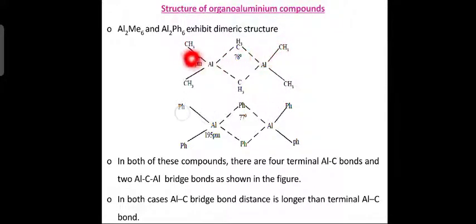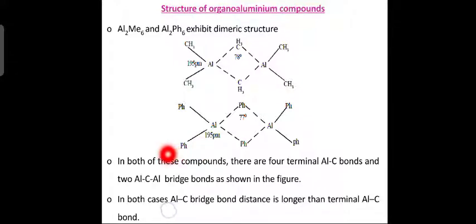That's how you get Al2Me6. Similarly Al2Ph6, one aluminum has 3 phenyl groups, but one is a bridging group, that is a phenyl group in between the 2 aluminum metals. This is the bond length 195 picometer. Here also bond length is 195 picometer, bond angle is 78, here bond angle is 77 degrees.